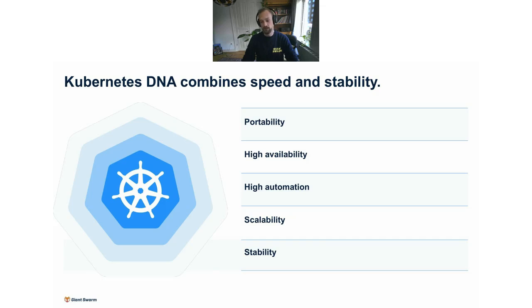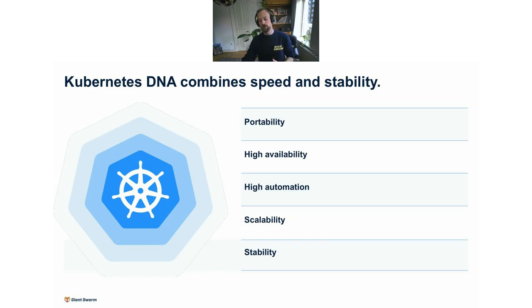We also have the high availability characteristic of Kubernetes, so that we are able to have better availability than before. We have a high grade of automation, so that we are not error prone anymore in the processes. So Kubernetes brings us this.